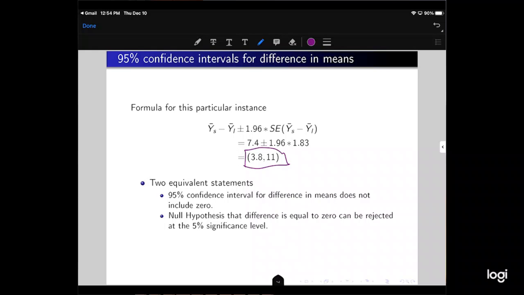That means that we can't reject anything in that interval as being the true difference. So two equivalent statements: the 95% confidence interval for the difference in means does not include 0, so we can reject the null hypothesis. The null hypothesis that the difference is equal to 0 can be rejected at the 5% significance level.